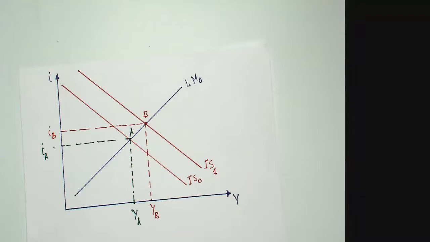An increase in income also raises the money demand, because an increase in income indicates that there is an increase in aggregate demand, and our money demand is part of our aggregate demand. So if aggregate demand increases, there is also an increase in money demand. Because of the increase in money demand, the interest rate would also increase.